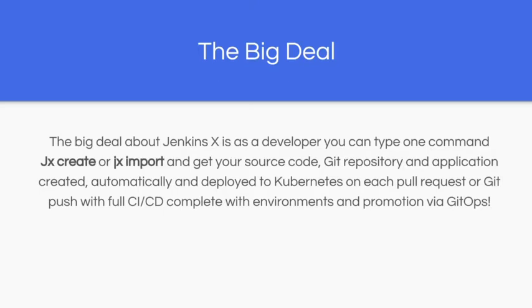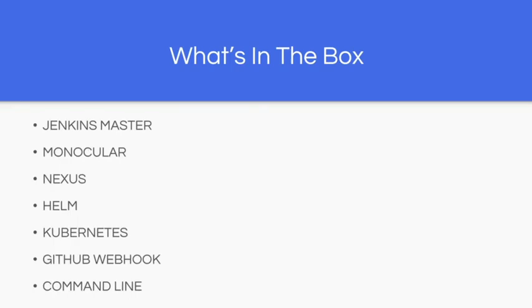And it allows you to have each pull request and Git push with full CI/CD, complete with environments and promotion via GitOps. So we'll see how all that works in just a few minutes here.